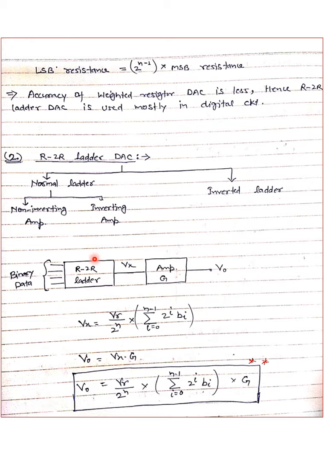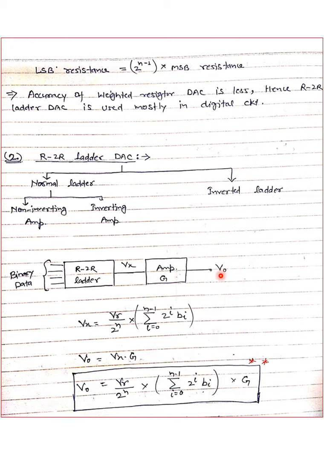So for an R2R digital to analog converter, we have binary data, we feed it into this DAC, then we get an analog converted voltage, and then we amplify this analog voltage and we get the final output.